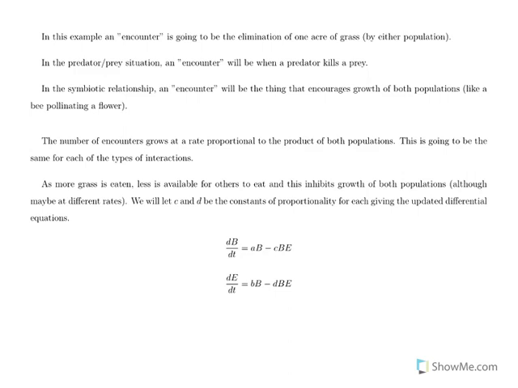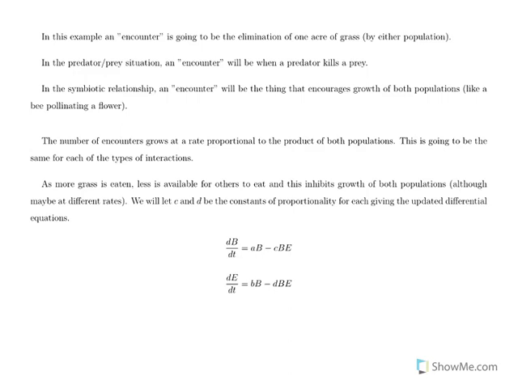In symbiosis, an encounter would be the thing that encourages the growth of both populations. The example we'd like to go to is the population of bees and flowers: when a bee pollinates a flower, it encourages the growth of the bee, and it encourages the growth of the flower because it spreads the pollen to other areas. So each time that occurs, that would be an encounter.